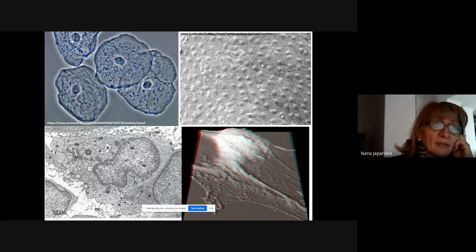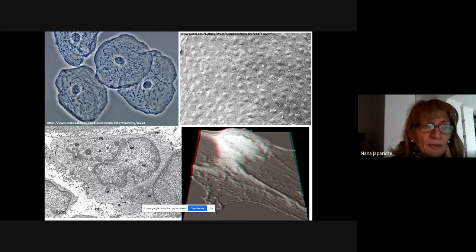They give three-dimensional views of cells. You see here the bulging nucleus, and the same here. Look, the cytoplasm: surface view of the nucleus, surface view of the cytoplasm.